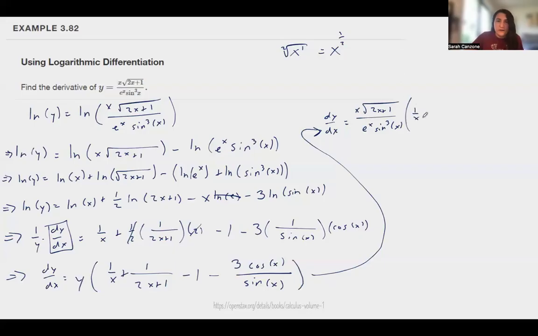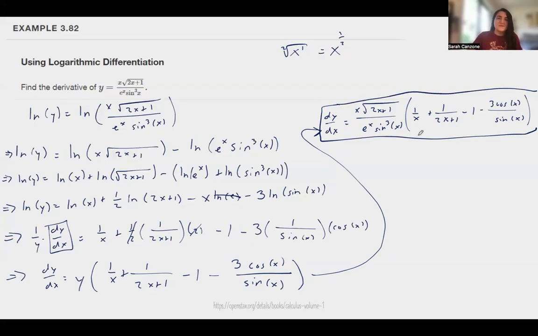So this is 1 over x plus 1 over 2x plus 1 minus 3 cosine of x over sine of x. And this is your final answer. I do know it looks crazy, but I still promise you this was way, way easier than trying to do this by directly computing the derivative.